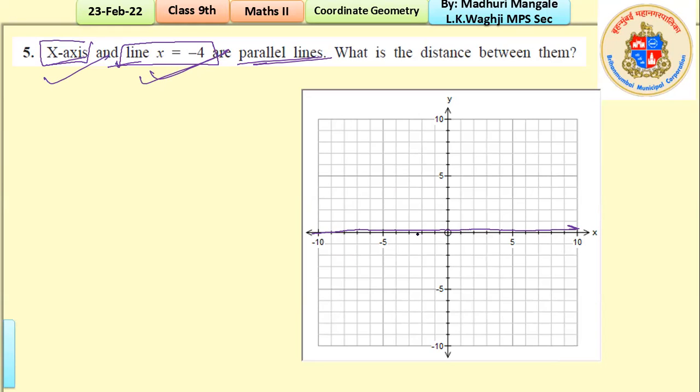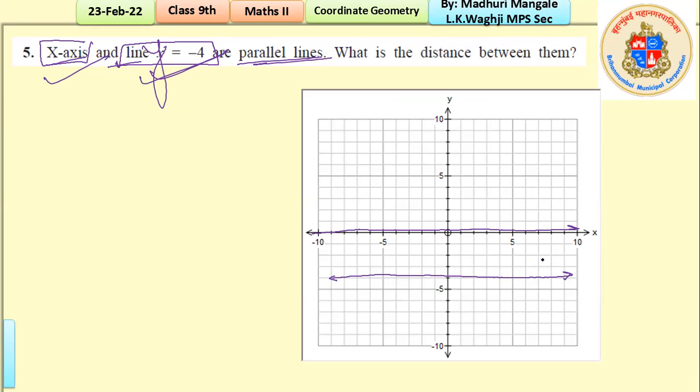Or maybe there's an error. It should be y equals -4, because otherwise the lines won't be parallel. So the x-axis is the horizontal line, and the other line is y equals -4, passing through y equals -4 that way. Everybody, check.